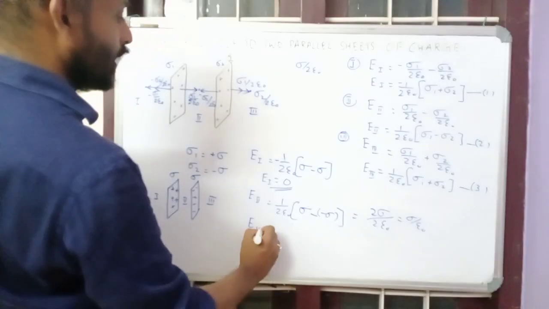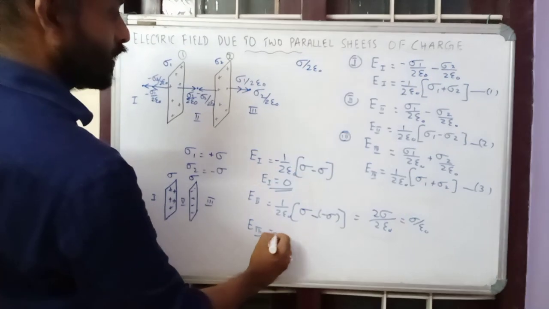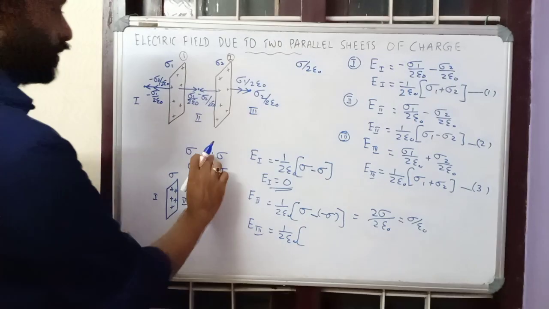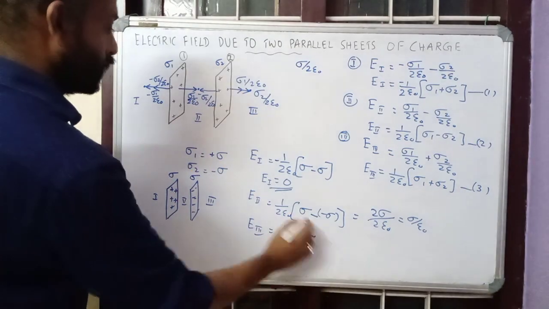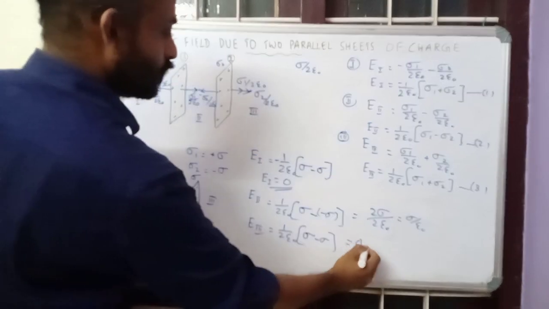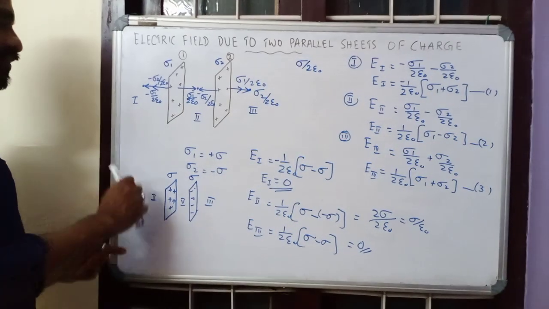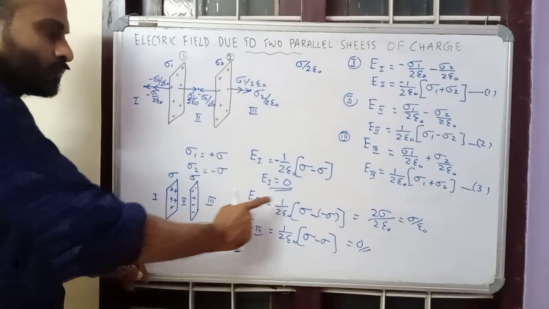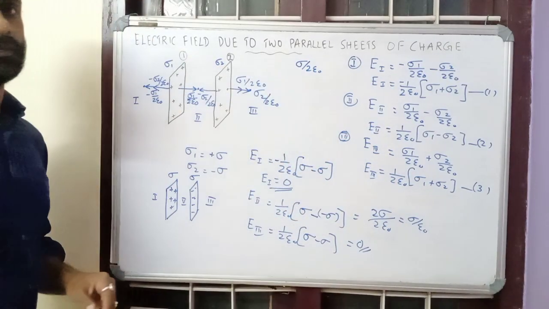In region 3, I get a similar result to region 1, because I have 1 by 2 epsilon 0 times sigma 1 plus sigma 2. Sigma 1 is plus sigma, sigma 2 is minus sigma, so sigma minus sigma is equal to 0. So in the first and third regions, electric field will be 0, and in the middle region there will be electric field sigma by epsilon 0.